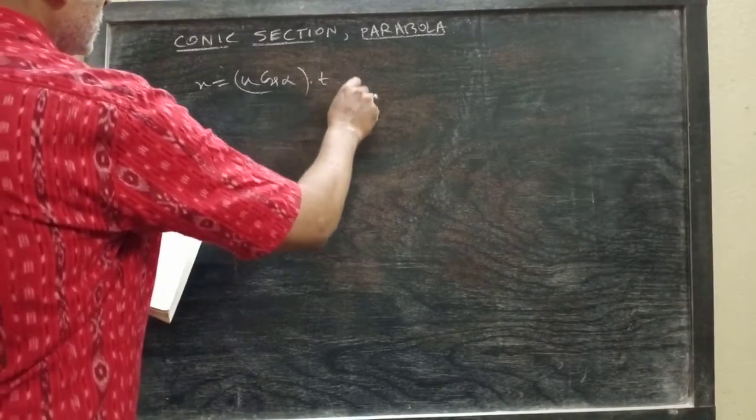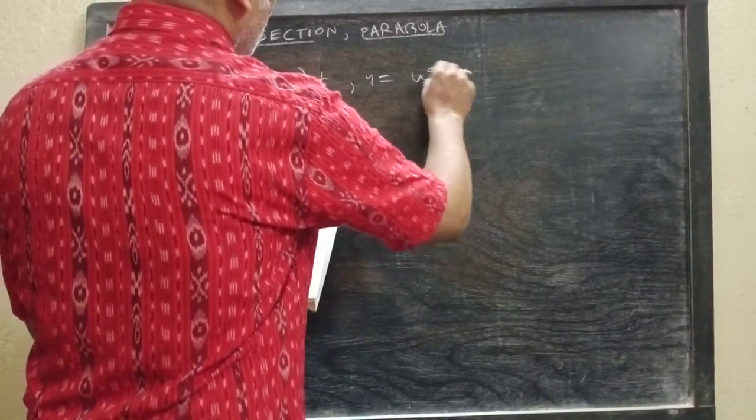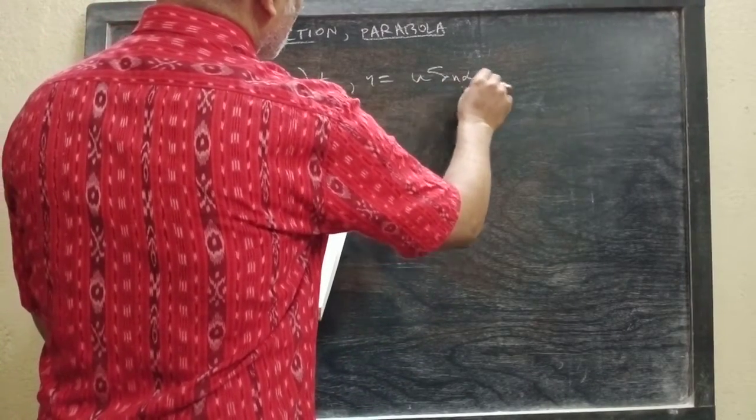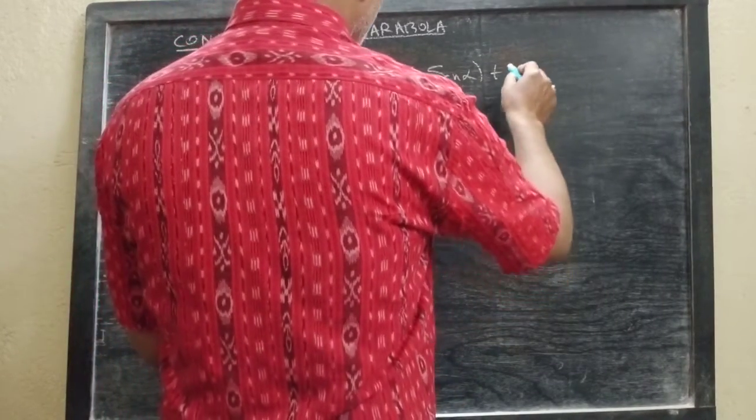This into t, and y equals u sin alpha t. This is the vertical projection of velocity. u sin alpha into t minus half g t square.